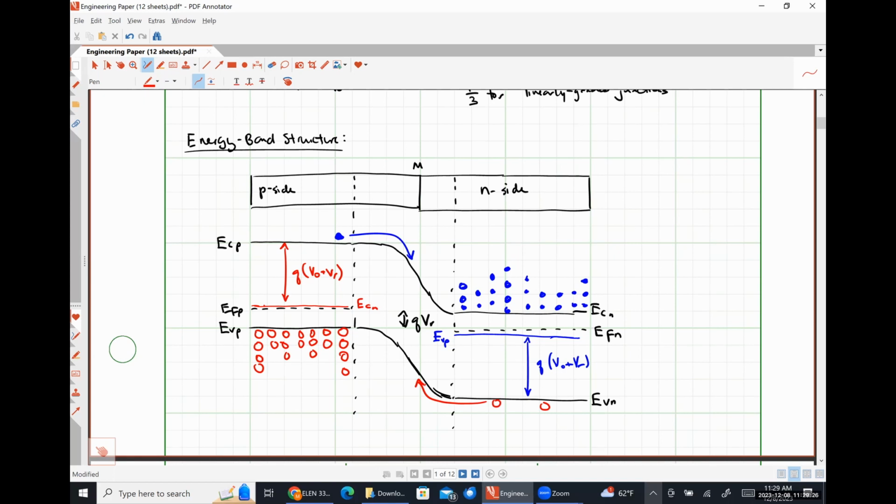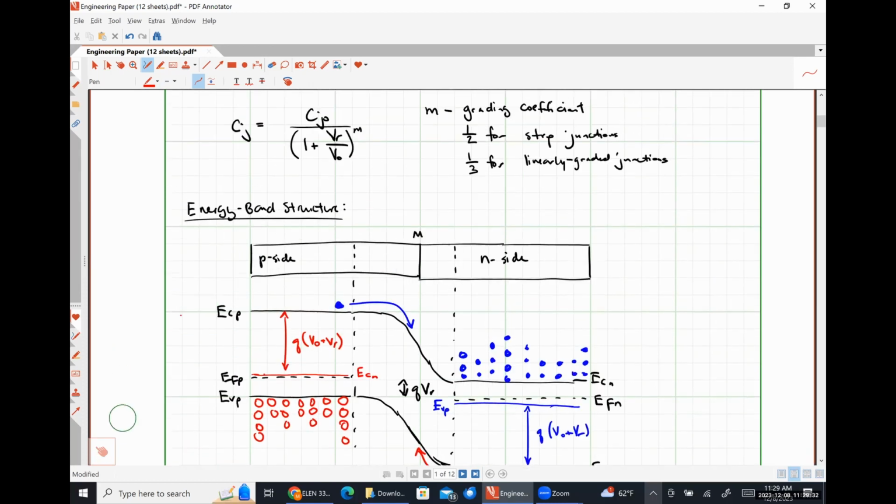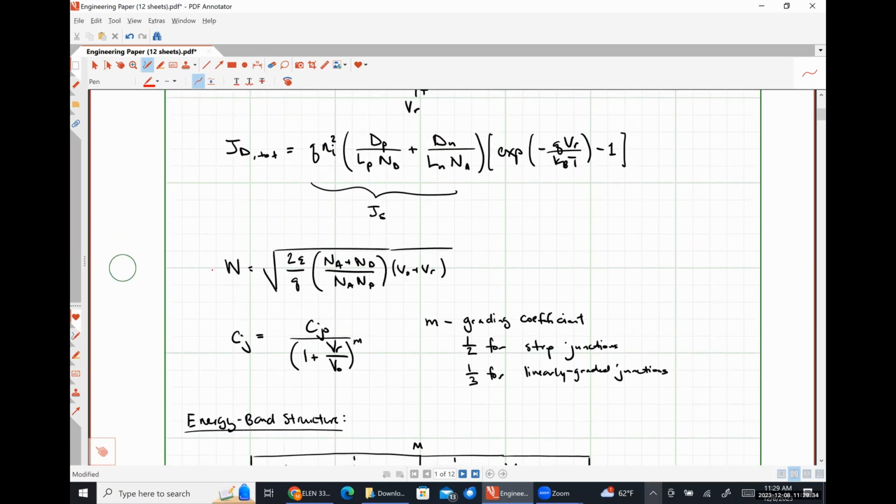All right, so mathematically we saw, let me scroll up here just so we can see it. It looks like the current flowing through our junction, once we're beyond a certain point, is effectively independent of our applied voltage, right?